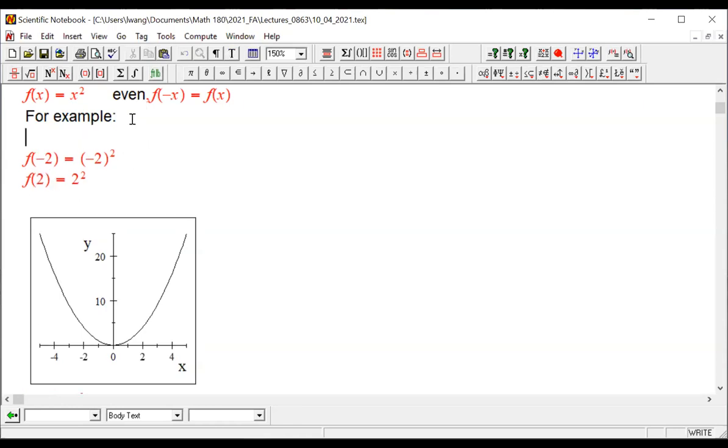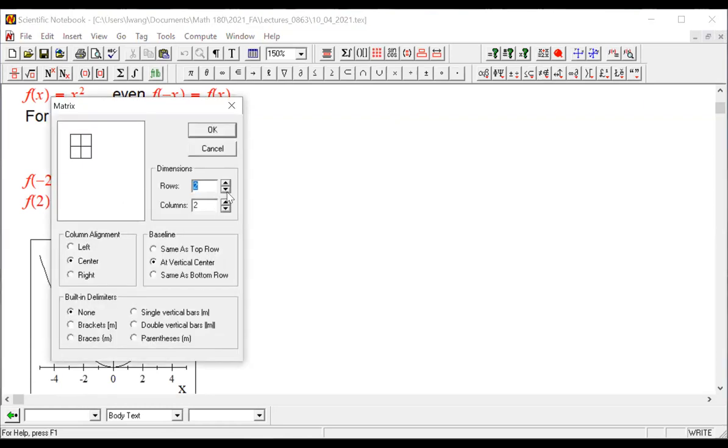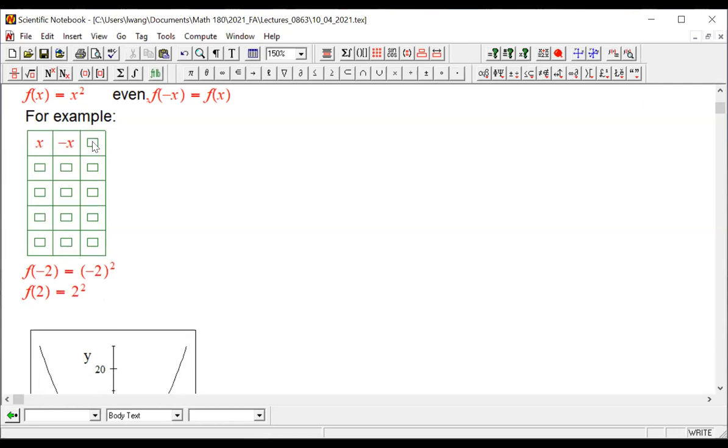Let me even make a table so you can work out that table to see it for yourself. This is x, and this is negative x. Do you have paper and pencil with you? So your x is negative 2.